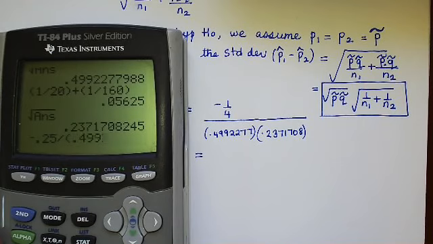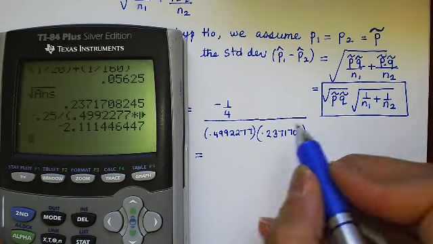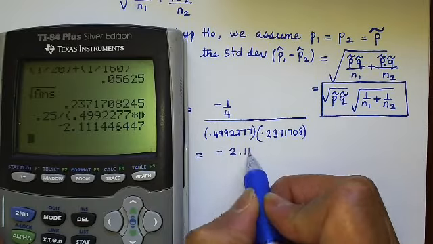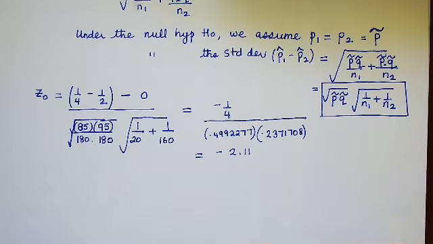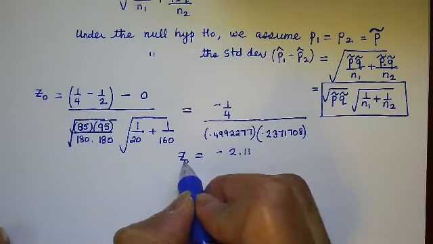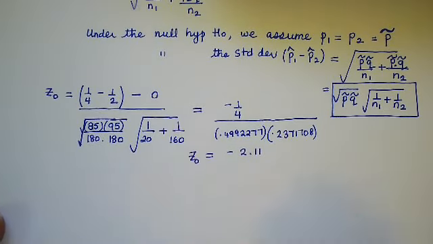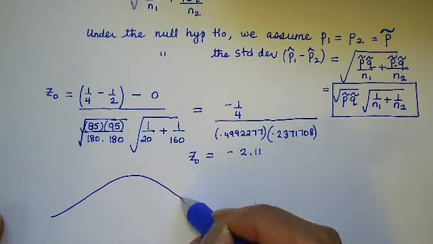Let's get this quotient. So minus 0.25 divided by 0.4992277 times the answer. I get negative 2.11.